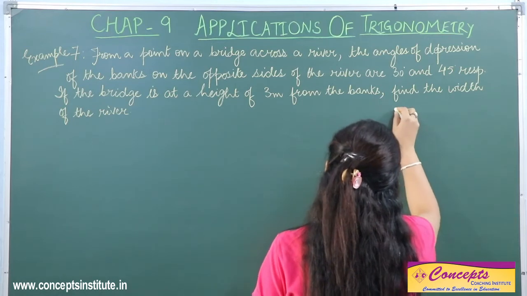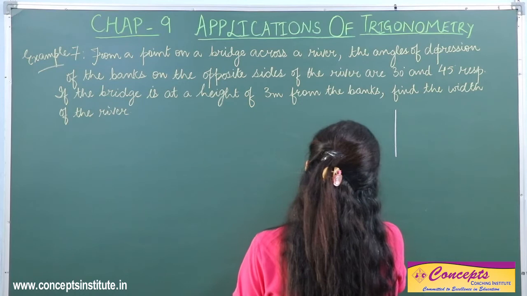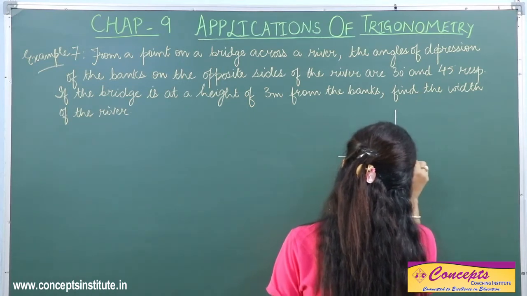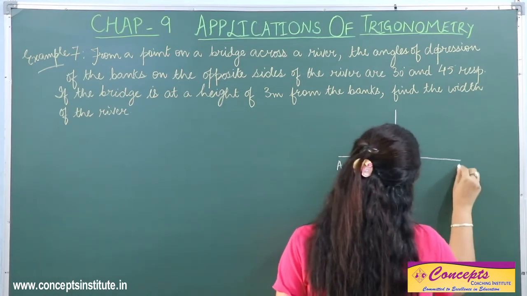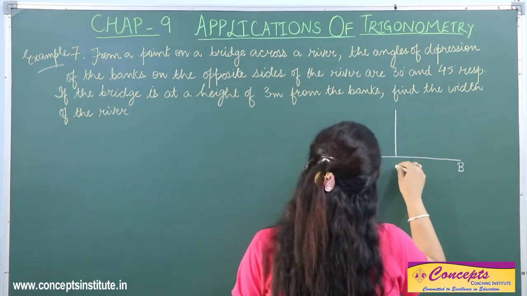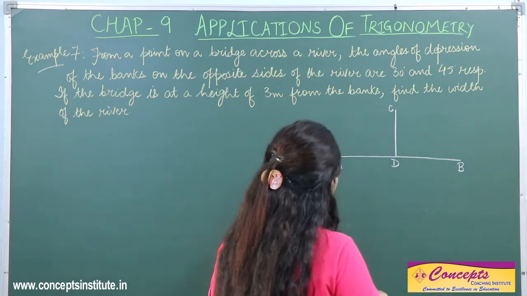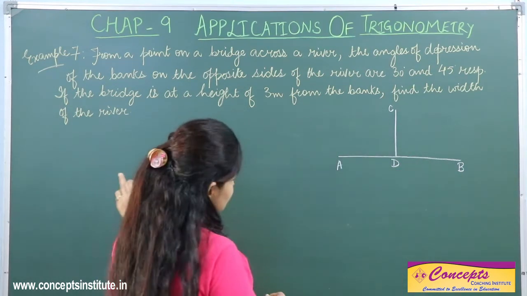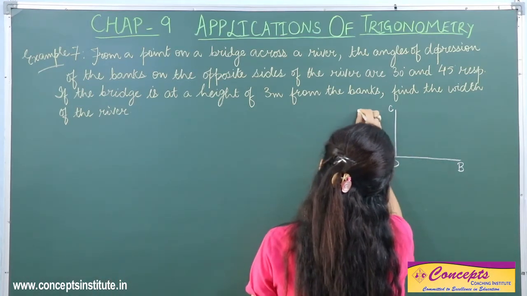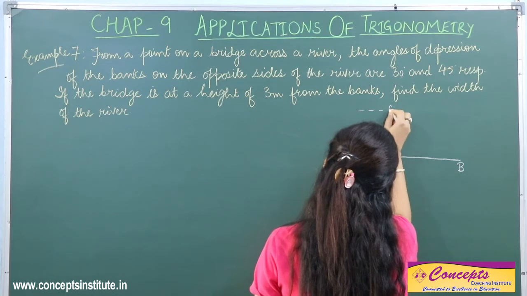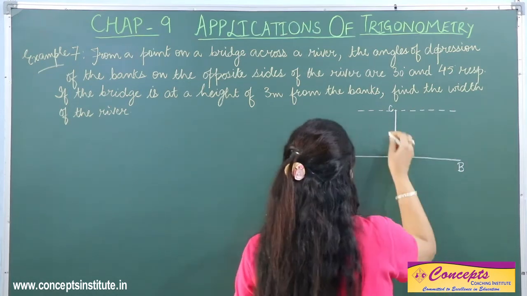See, there is a bridge, and this bridge is in the middle of the river. So let me just see that this is the river AB, and let the bridge be CD, right? So the angles of depression are noticed from the top of the bridge of the two banks. So I am going to make a horizontal line, because the angles of depression are always with the horizontal.